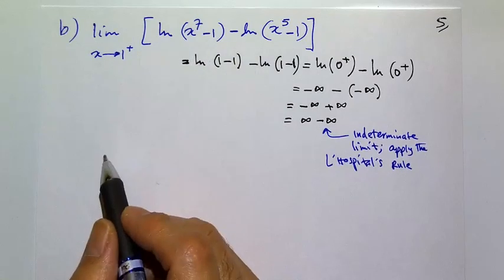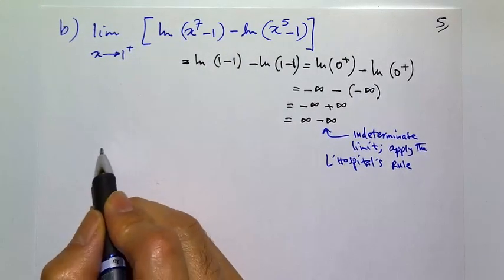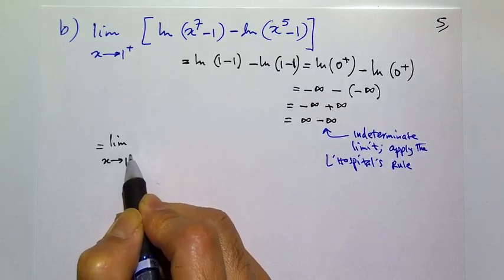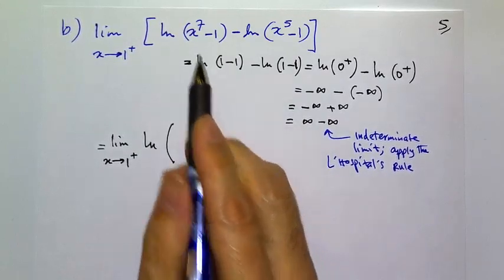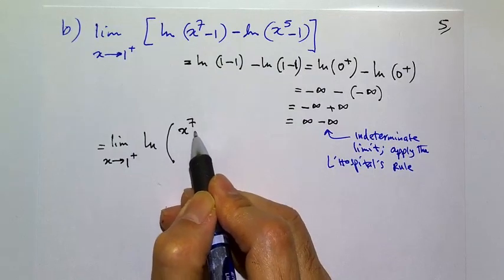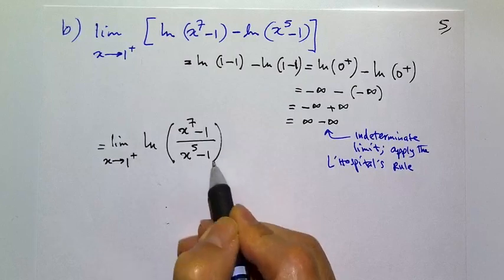This is something we learned in pre-calculus or even college algebra, I think. So we write limit as x goes to 1 from the right-hand side of natural log of, let's put those in fraction form, x to the 7th power minus 1 divided by x to the 5th minus 1.